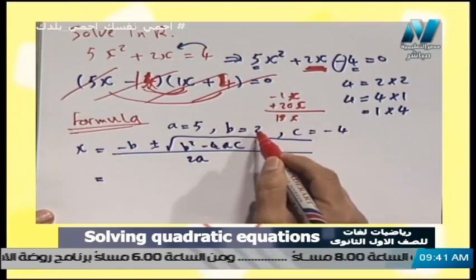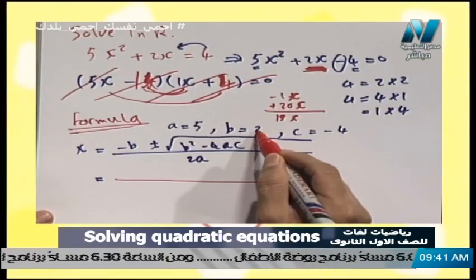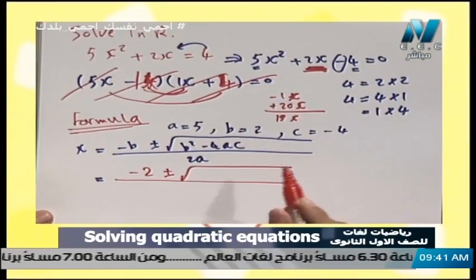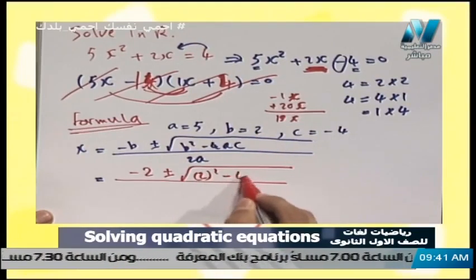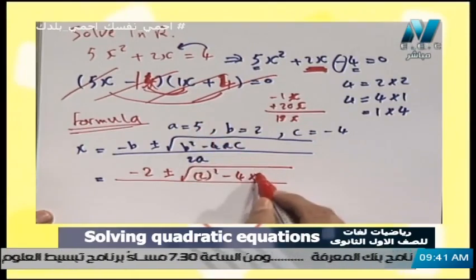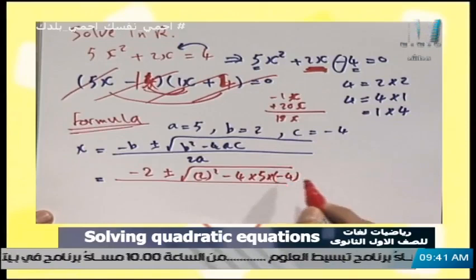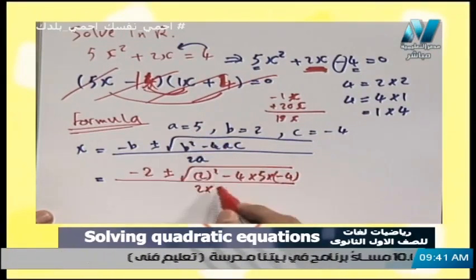Negative b means the converse of 2, which is positive here, put it negative, plus or minus square root. B power 2 means 2 power 2 minus 4a, here is 5, and c is negative 4, put it inside bracket here, over 2a, 2 multiplied 5.